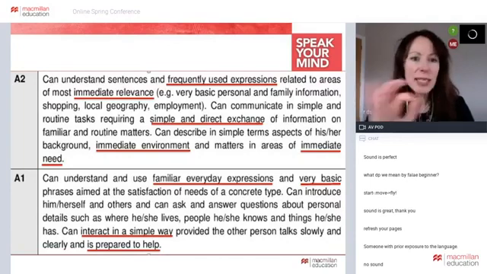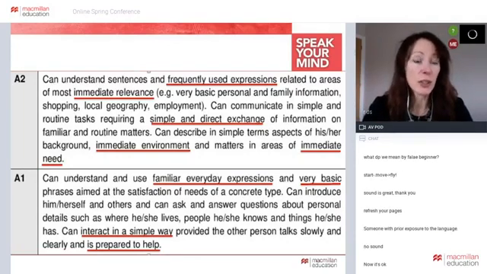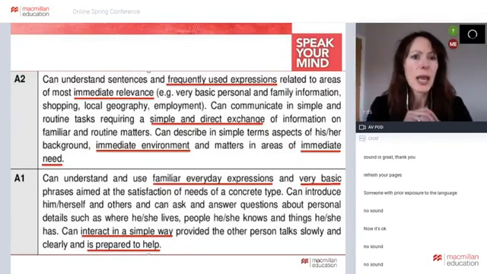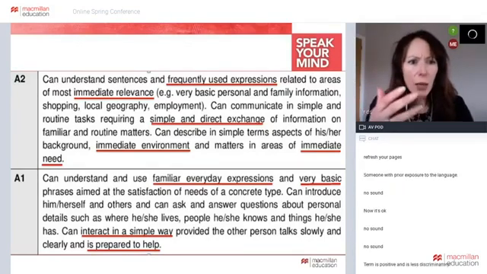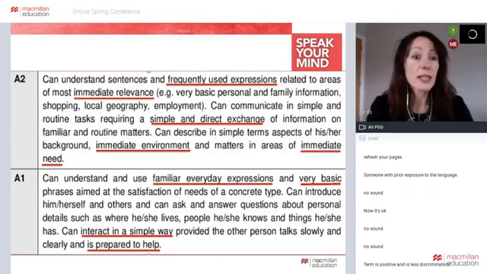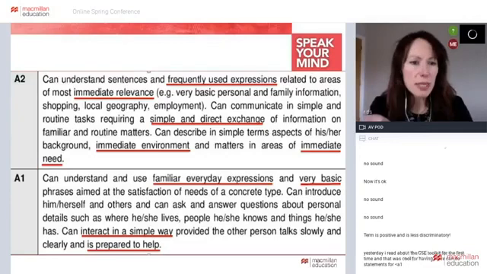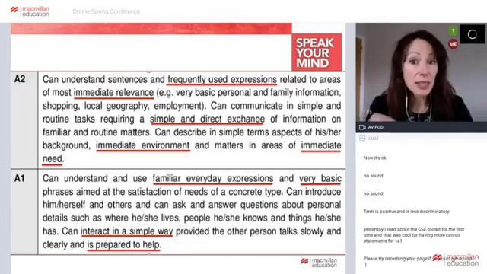I've underlined key bits of information. I'll just read those out to you now. So we've got frequently used expressions, immediate relevance, simple and direct, immediate environment, and immediate need. At A1, the key language: familiar everyday expressions, very basic, can interact in a simple way. So we can see immediately that that's about relevance, immediacy, simplicity, familiarity, basic.